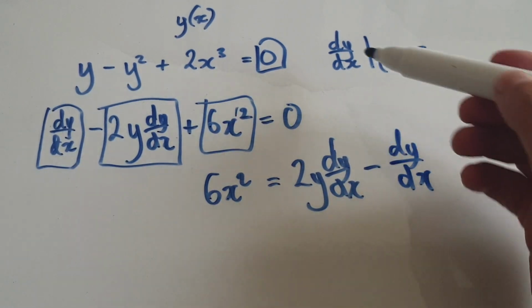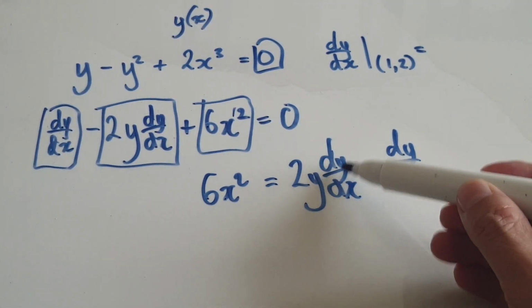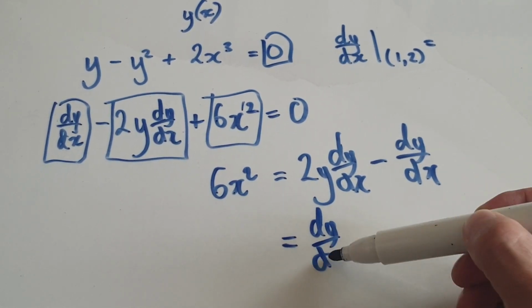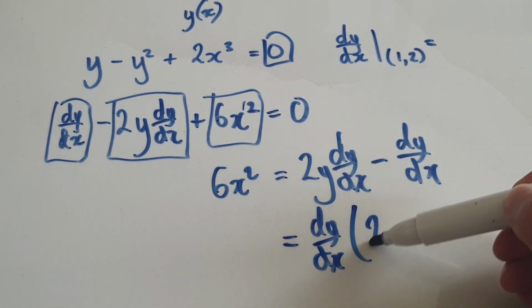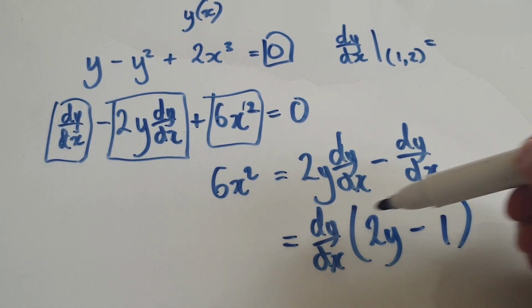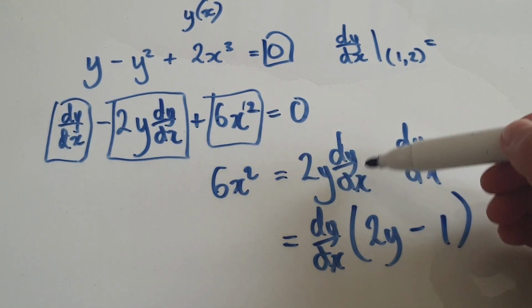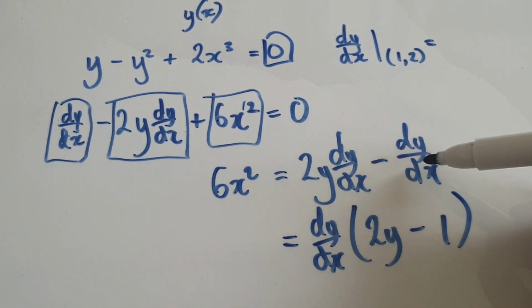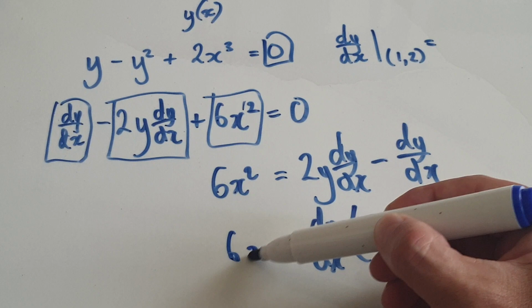We want to get dy by dx on its own, so factor out the dy by dx. So that would be dy by dx, bracket 2y, and then take away 1. Because look, this times this will give you this whole thing. dy by dx times negative 1 will give you negative dy by dx. So leave this alone.